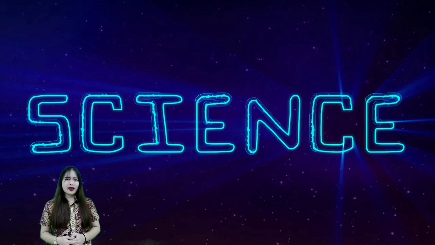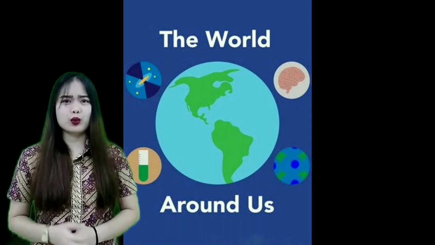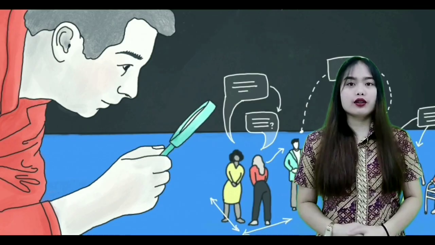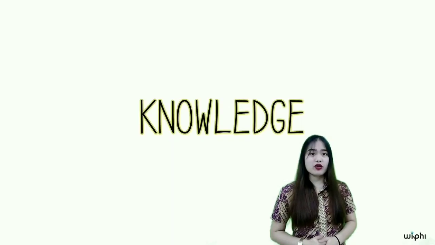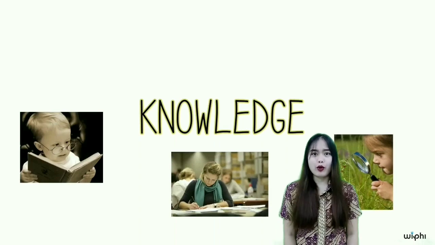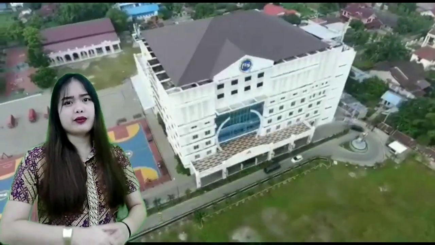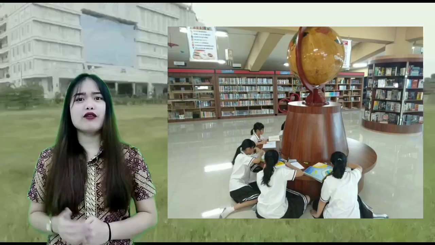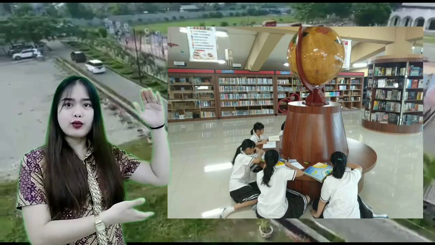Now, what exactly is science? Science is the study of the world around us, through observation, experimentation, and analysis. Science is both a body of knowledge and a process. Here in school, science may sometimes seem like a collection of isolated static facts listed in a textbook.